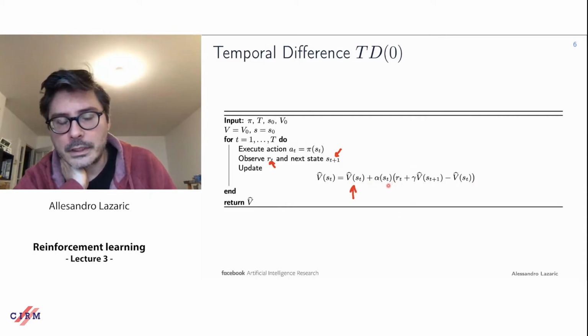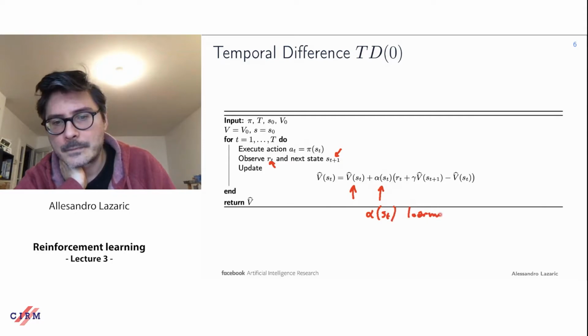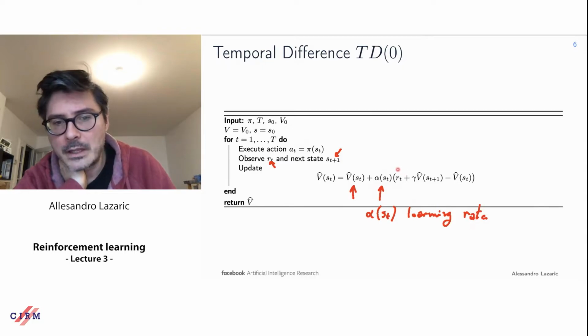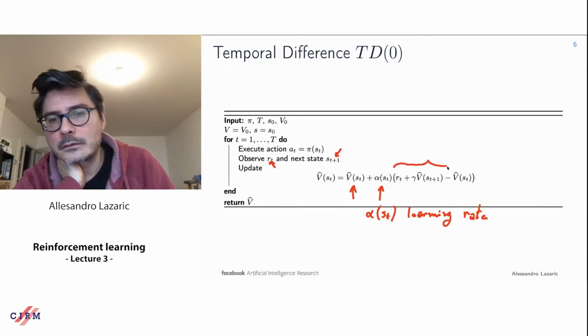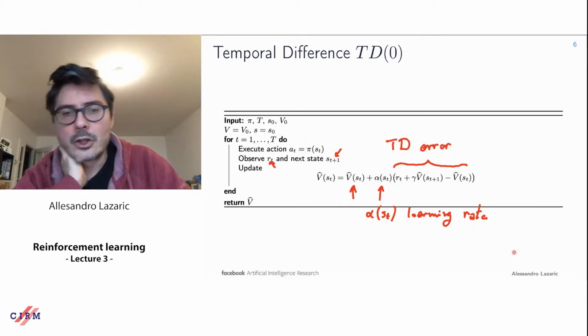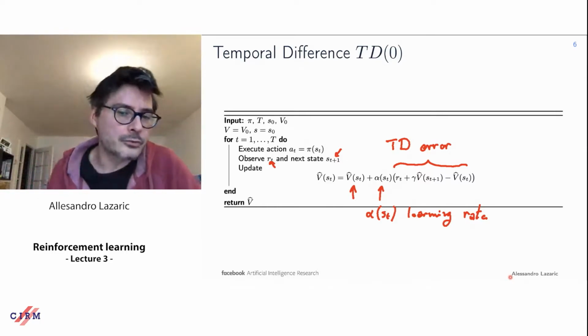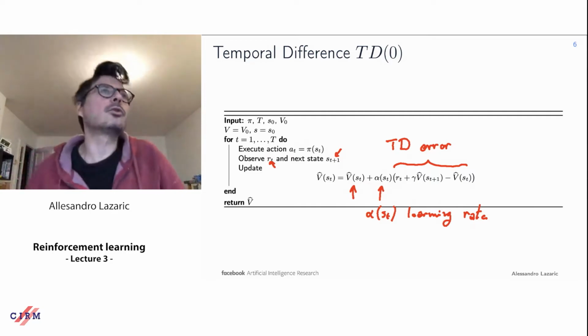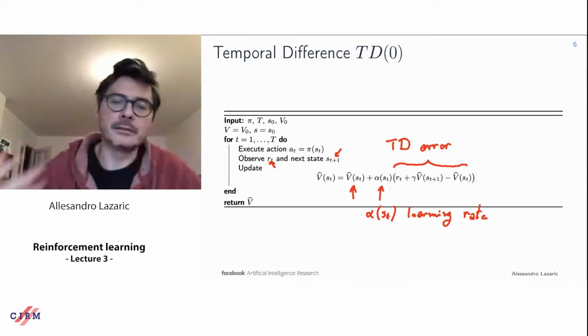And this rule has a learning rate here. So this alpha here, alpha of st, is a learning rate, or step size, or whatever way of calling it. And then this is sometimes called the TD, temporal difference error. So through this terminology, you can already get a glimpse that I'm sort of doing a gradient descent, right?